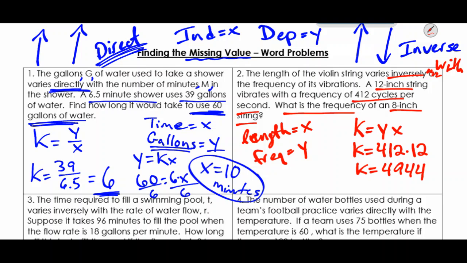And so now I can use that in this equation with the given value. The given value here is 8 inches. That's going to be my x value. So 4,944 equals the y, which is the frequency, times 8. To solve that, I would just divide by 8 on both sides, and that would tell me that my y value there is 618.